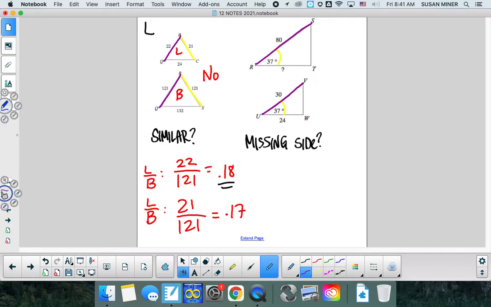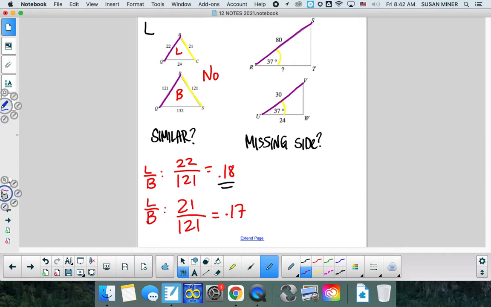And I always want to look, maybe this triangle, what if it was flipped this direction, right? And then my 37-degree angle would be over here. I want to make sure that I'm matching up the angle to the right place. So even if these were turned around, I just want to make sure that I'm matching up the side with the correct side.